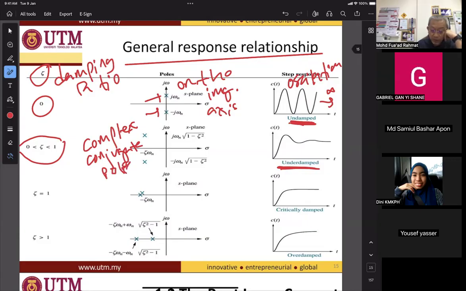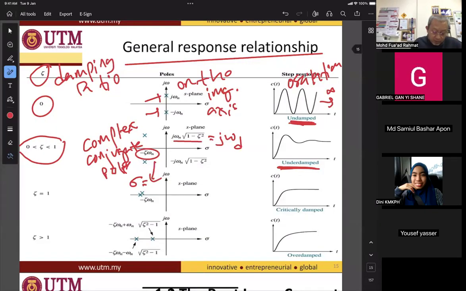And this is what I mentioned just now: omega n multiplied by square root of 1 minus zeta squared, which is equal to j omega d. Please remember this formula. And this one is the real axis value, which is minus zeta omega n.